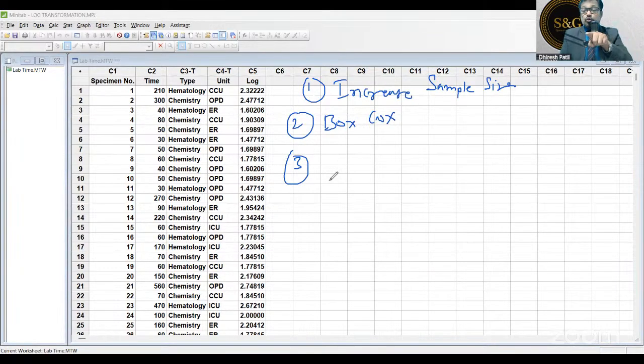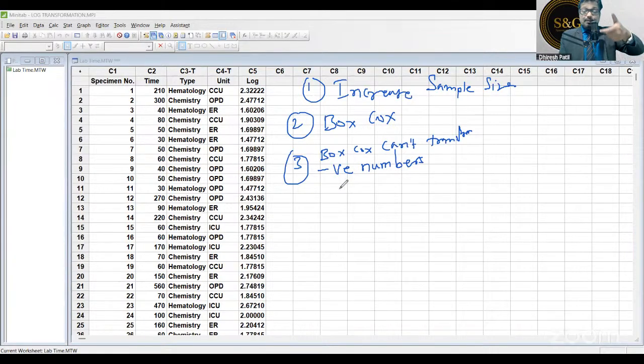Now, when do we use Johnson transformation? When Box-Cox cannot transform the data, and in your data, if you have some negative numbers, write this down.